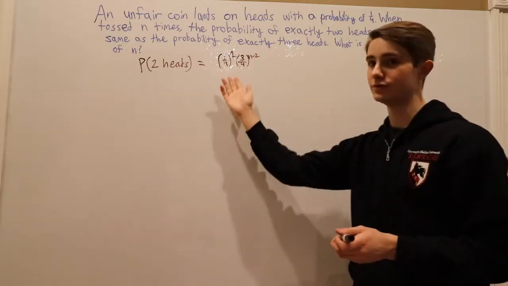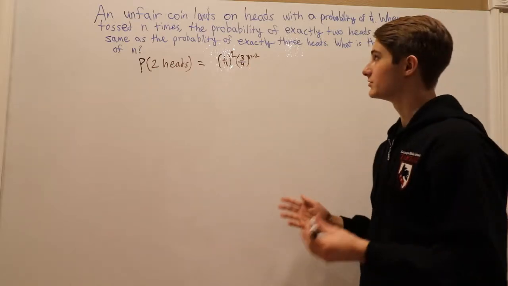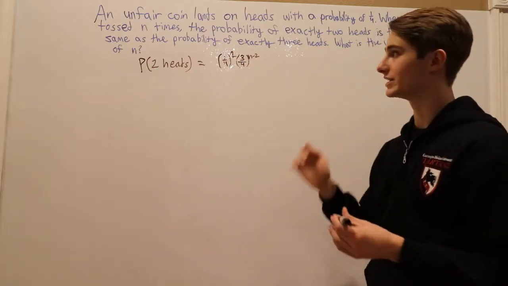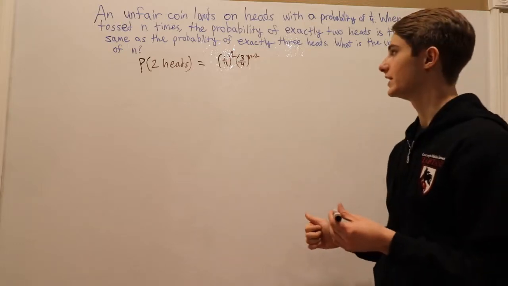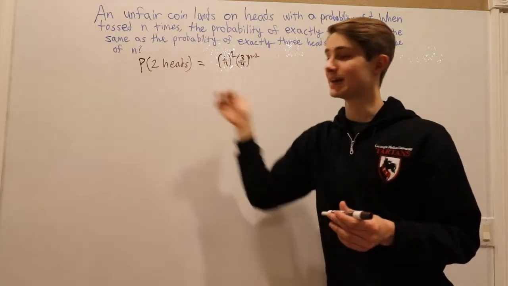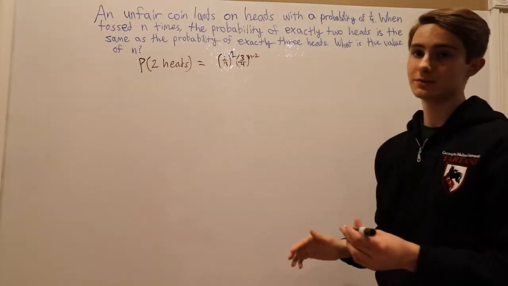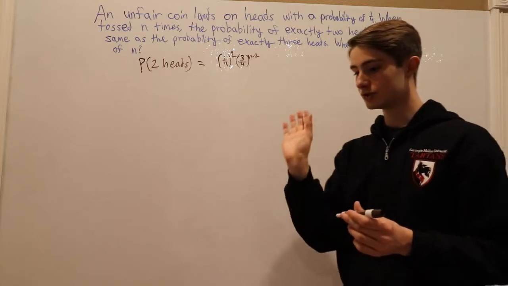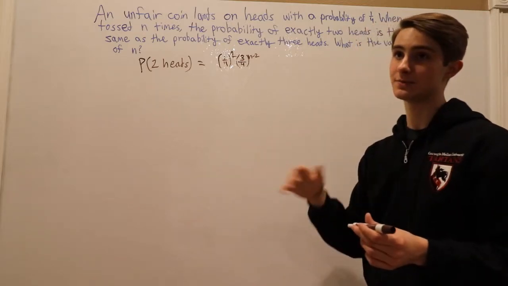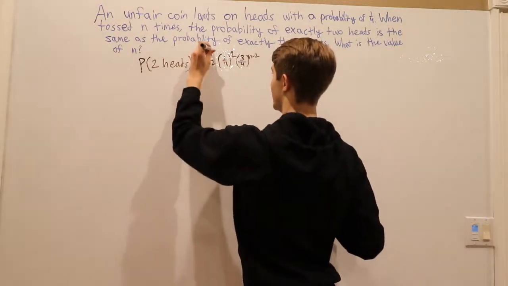So then we have 2 of these probabilities. We have to figure out how many different ways there are to get exactly 2 heads, and then multiply that by this probability, so that we get the probability of getting 2 heads in any way possible. So we need the number of ways you can choose 2 of those tosses to be heads out of n tosses, which we write as n choose 2.